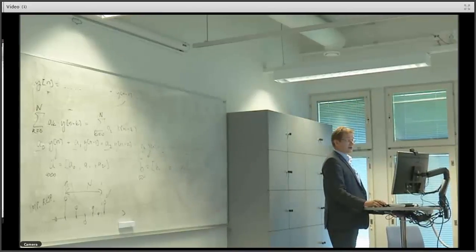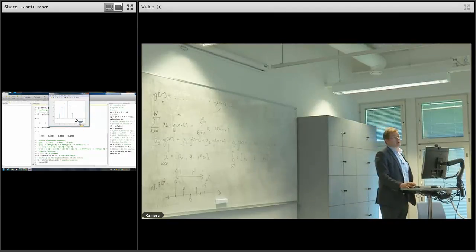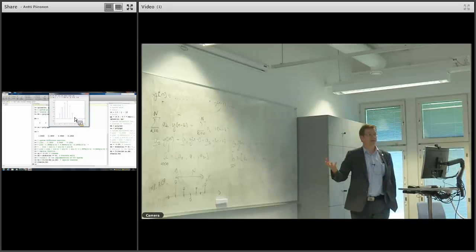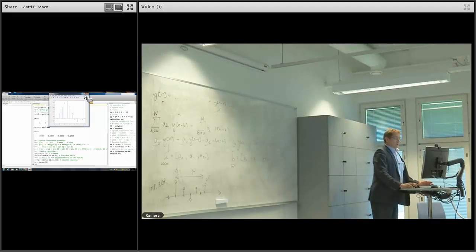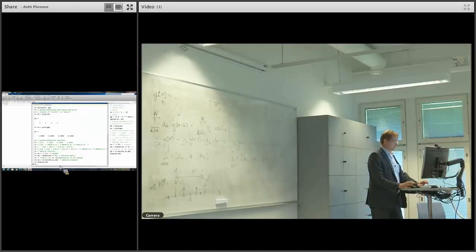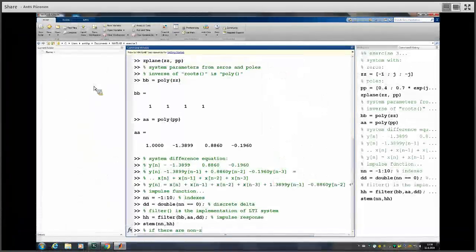So after that, the 5th value is already non-zero. Okay, that's proof enough. It's an infinite impulse response system. Now just write it here.